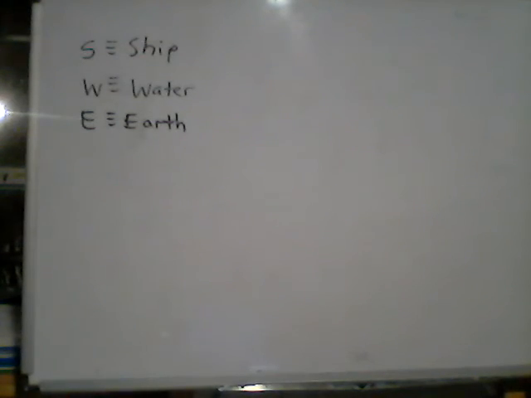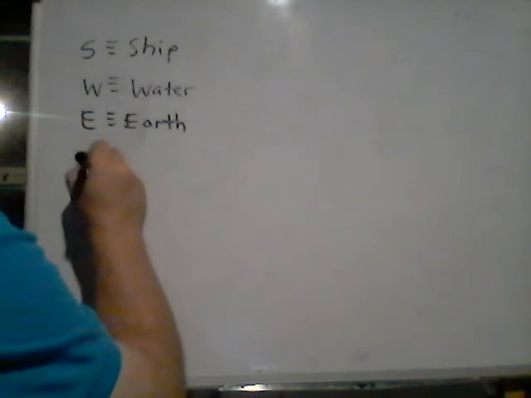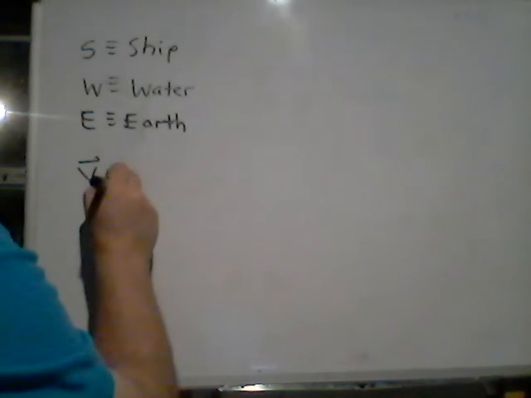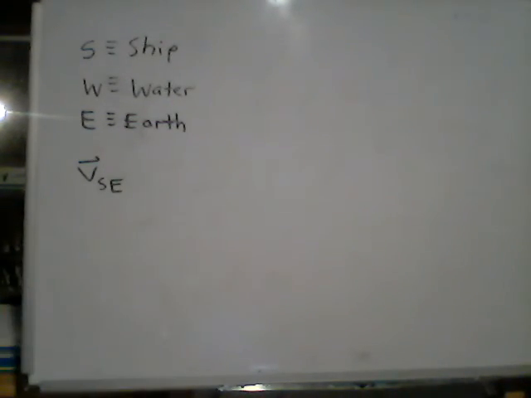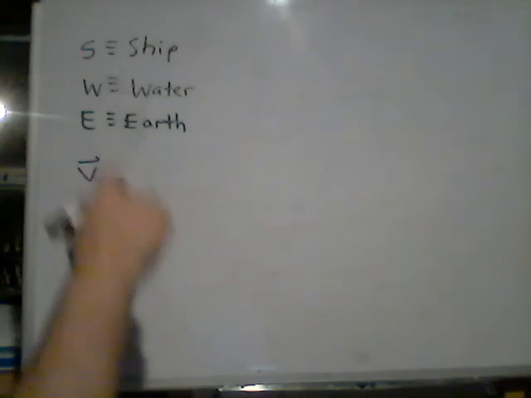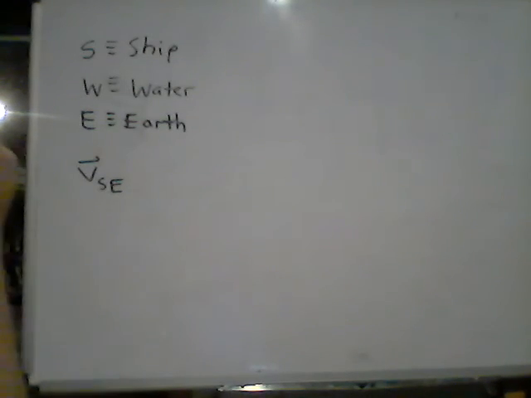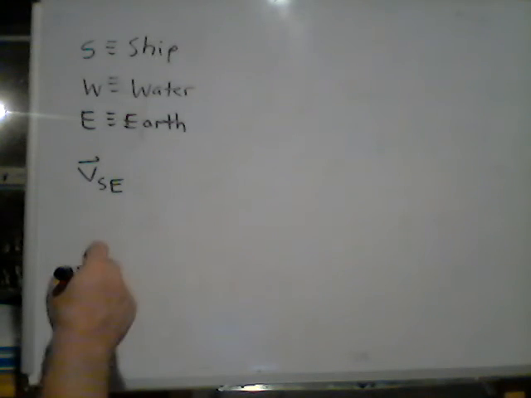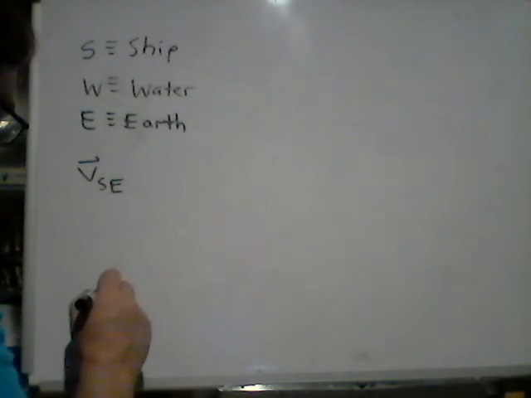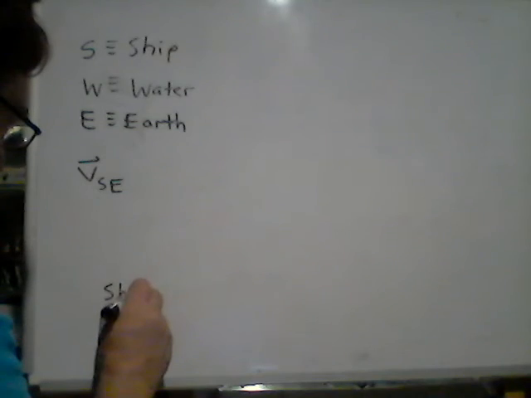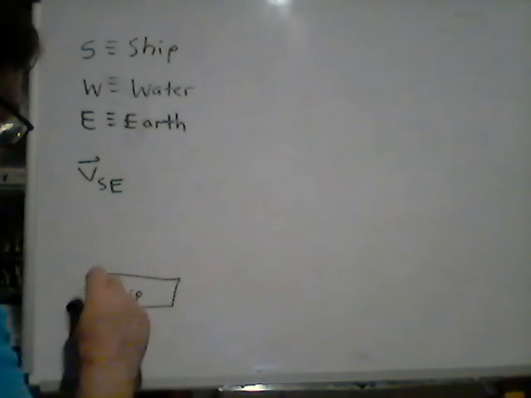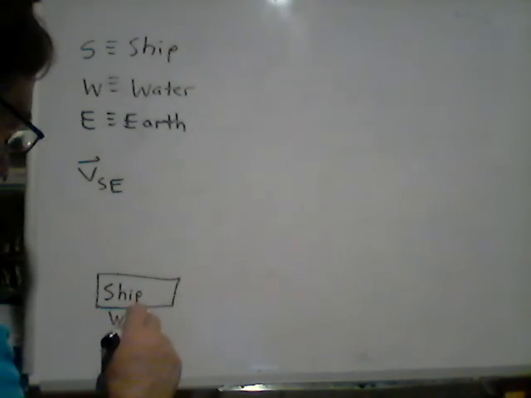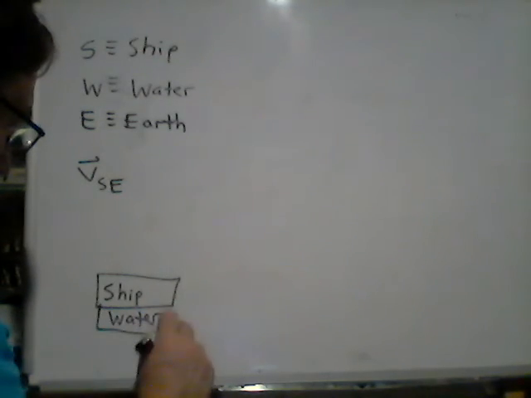So essentially my generalized equation in two dimensions is the velocity of the ship relative to the Earth. Again, I have the ship on top of the water, on top of the Earth, so I kind of have a multi-layered problem here. I always think of this as layers: the ship on the water, on the Earth.